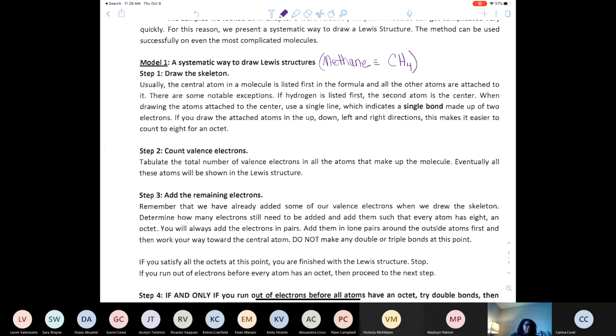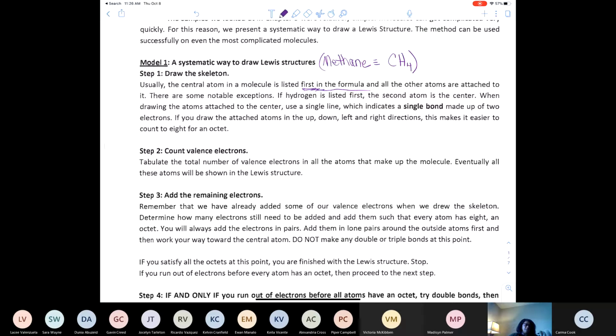Usually the central atom in a molecule is listed first in the formula. So by this convention, carbon would be the central atom for methane's Lewis structure. All the other atoms, in the case of methane, the 4 hydrogens, are going to be attached to the central carbon atom. But there are some exceptions to this.